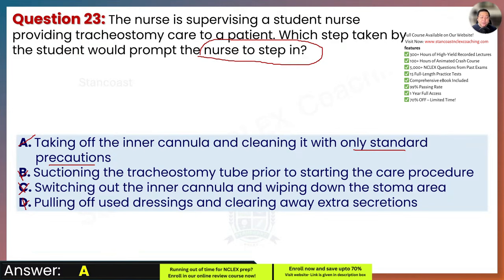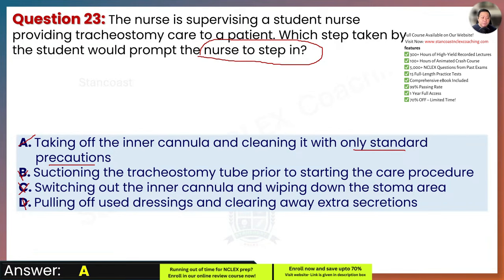The clue words in the option: switching out the inner cannula is a standard part of tracheostomy care, and wiping down the stoma area is also part of the routine cleaning. It should be provided also to the client.